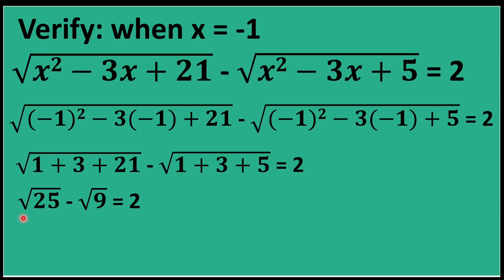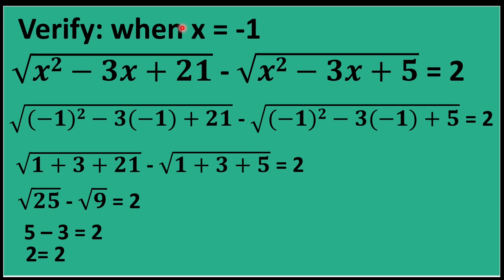And as we know, square root of 25 equals 5 minus square root of 9 equals 3, which is equal to 2. 5 minus 3 equals 2, and 2 equals 2. So it means that x equal to minus 1 satisfies this equation, so x equal to minus 1 is the real solution of the equation.